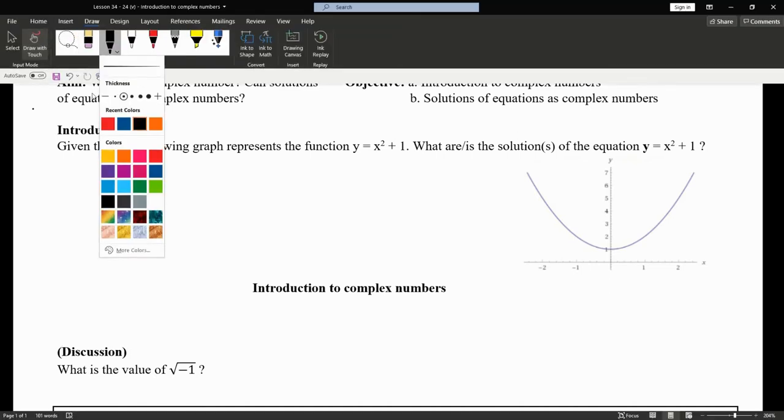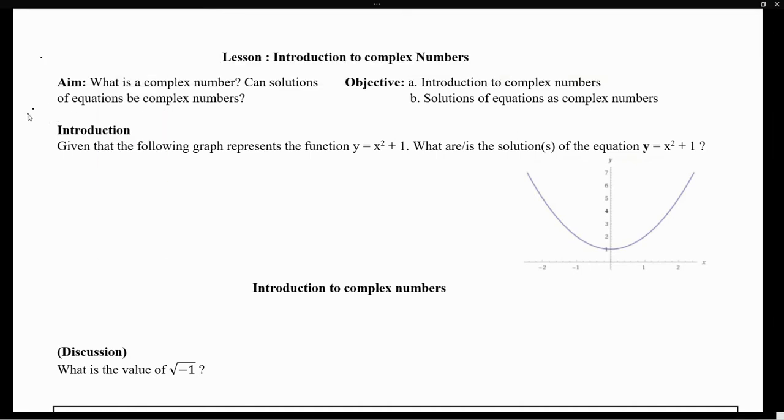Well, let's solve this equation algebraically. So if we have y equals x squared plus 1, and we try to solve this, let's just set it equal to 0. Let's subtract 1 from both sides. So we're going to get x squared equals negative 1. And if we take the square root, we get plus or minus the square root of negative 1.